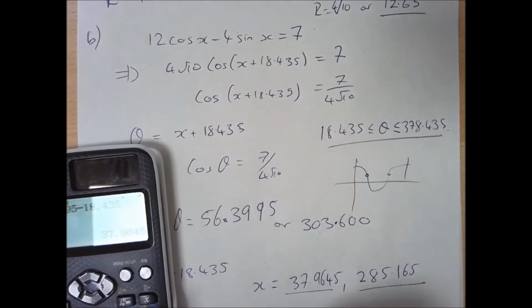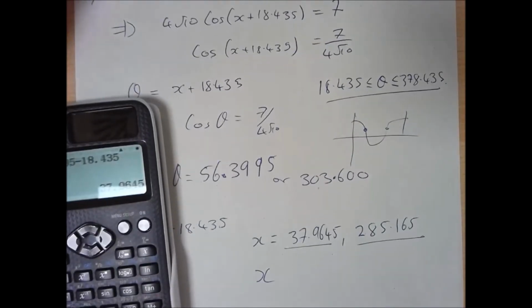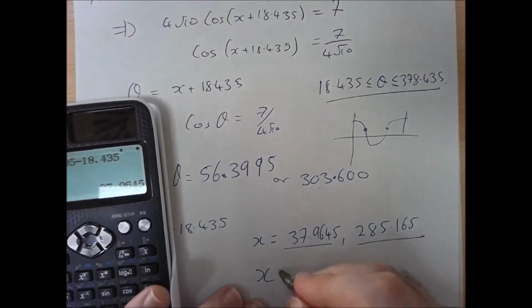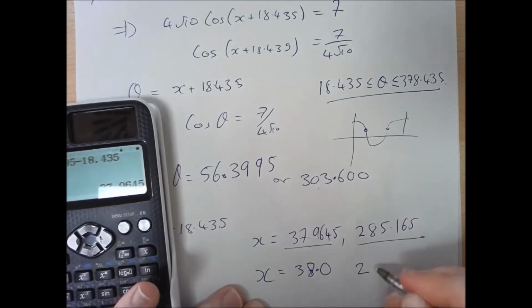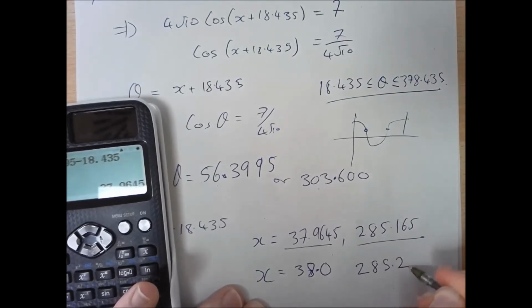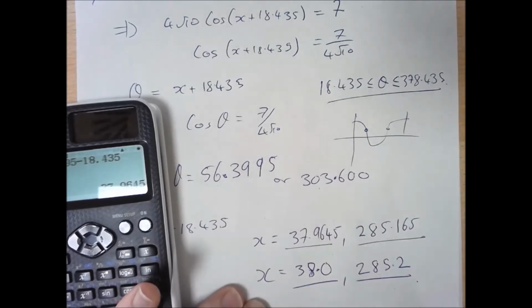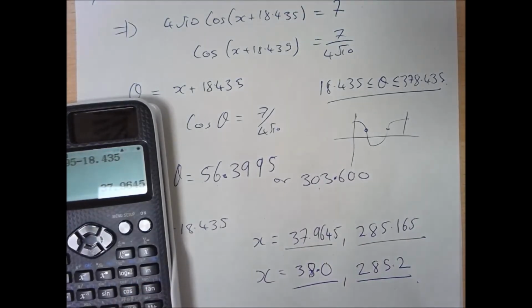Rounding these properly, because we're supposed to be giving these to 1 decimal place, we've got 38.0, as this one rounds up, and this one is 285.2 as our two answers. So those are our two answers for part B.